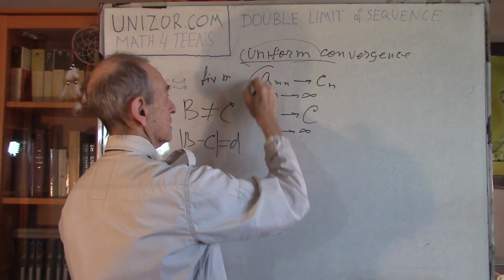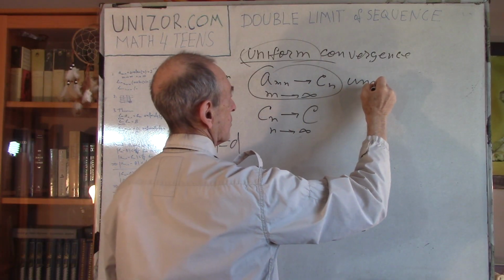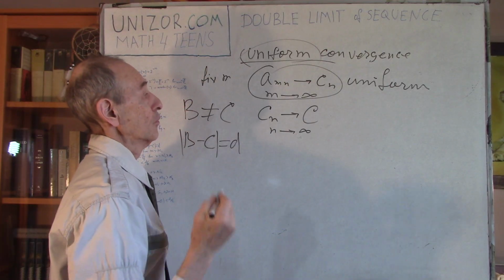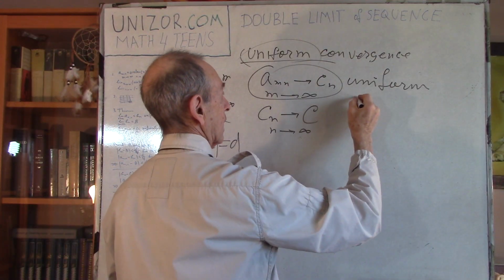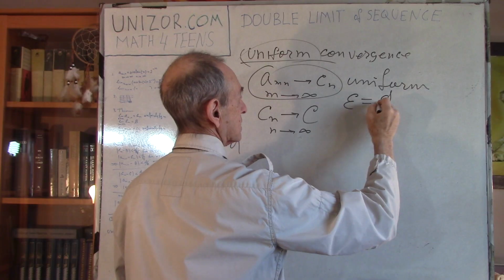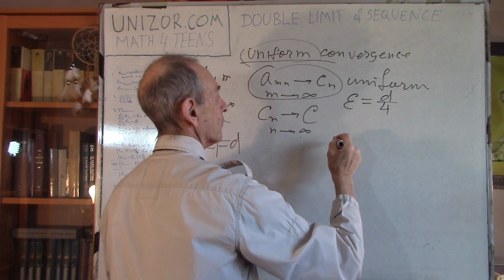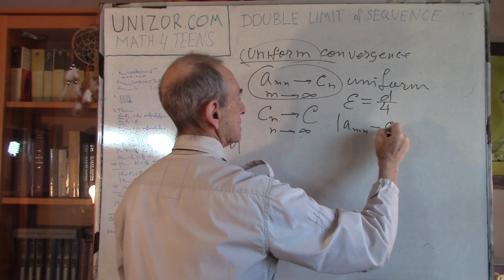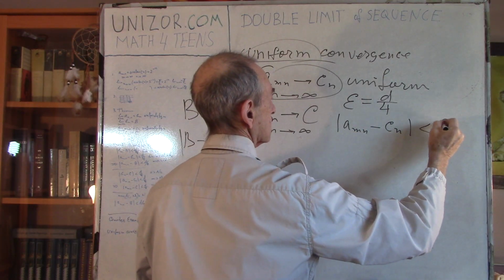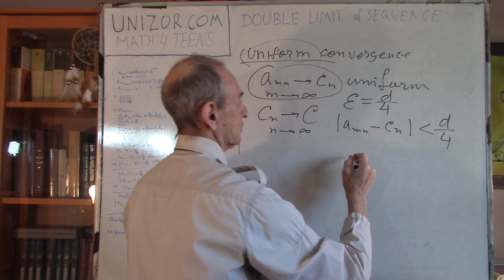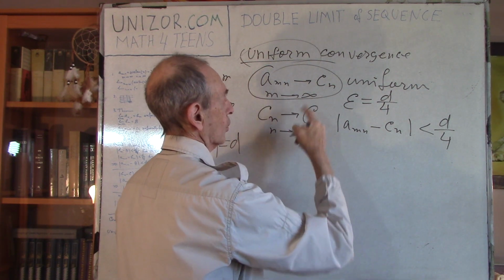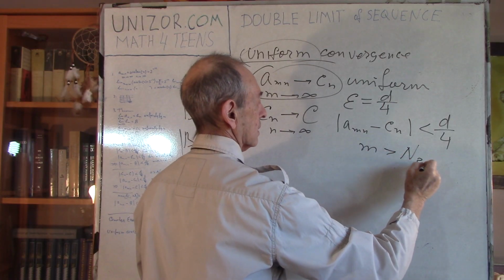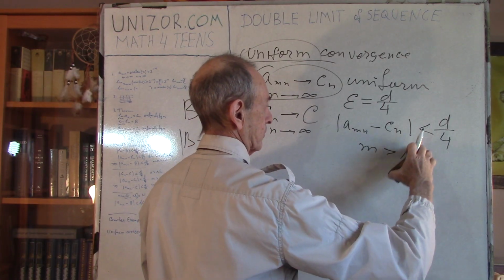I assume that this is a uniform convergence, which means what? That for any epsilon, which I will take exactly the same, d over 4, the difference between a_mn and c_n would be less than d over 4 if m goes to infinity, right? So m is supposed to be greater than some m2.